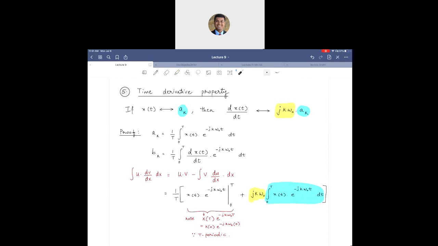And it turns out that x of t multiplied by e to the negative j k omega naught t with the limits T and 0, both those substitutions are the same. So when you substitute the limits, since it is T periodic, they will cancel out and you get a 0 there.